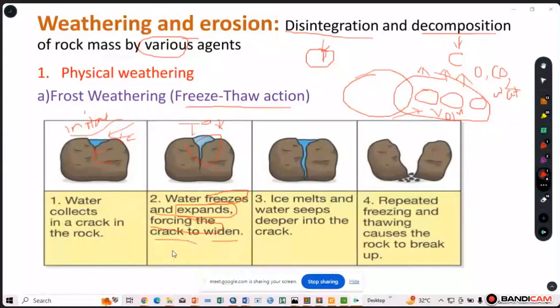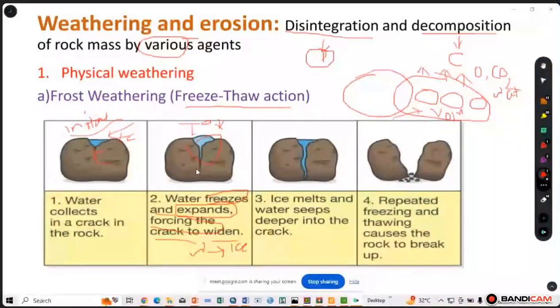After the freezing action, by what amount does the volume increase when water is converted into ice? Does anyone know? No, sir.